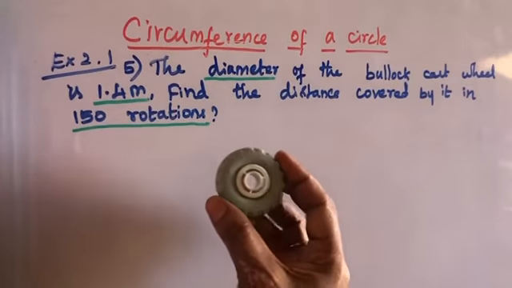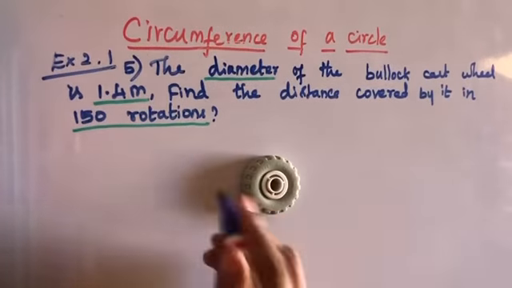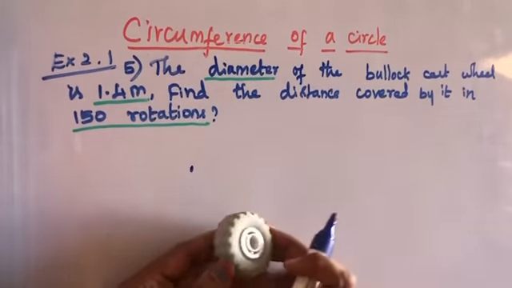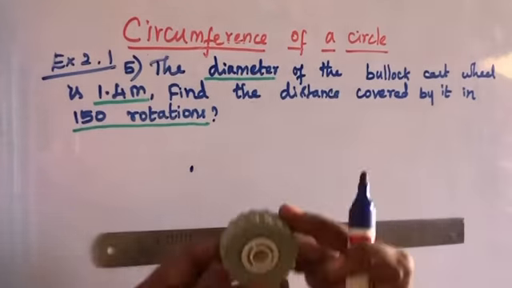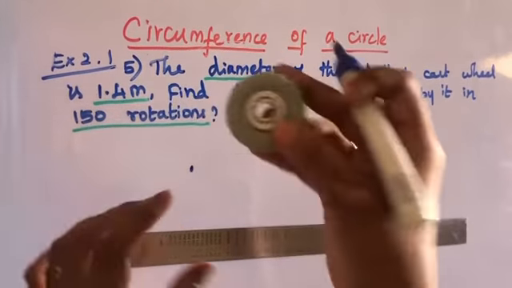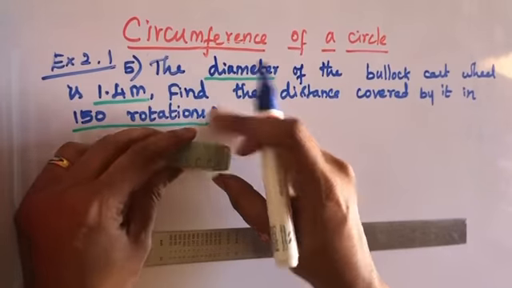For example, it is a wheel. So in this I mark a point here. And this wheel starts rotating according to this. So with this point, I start here.